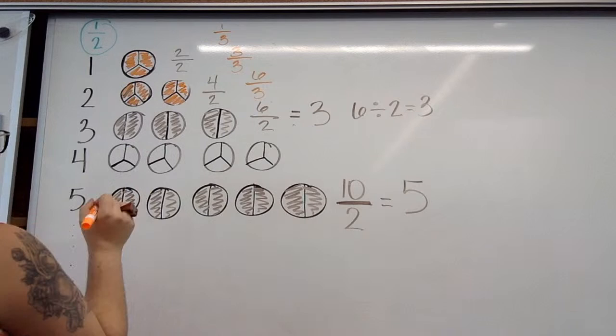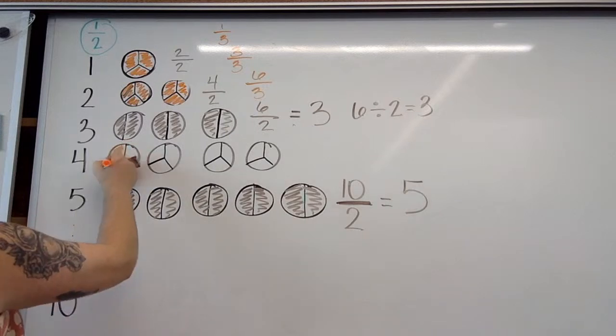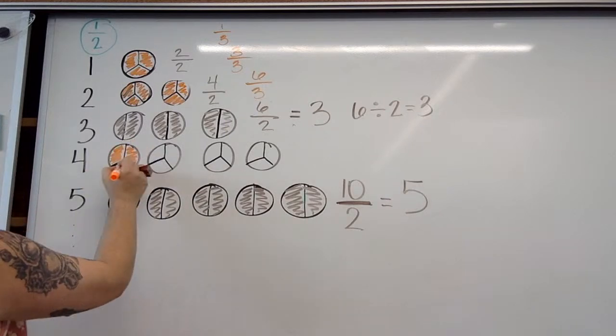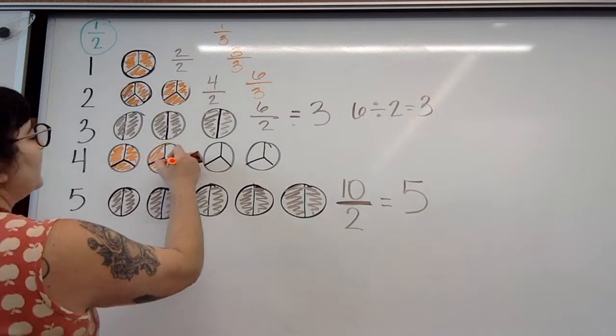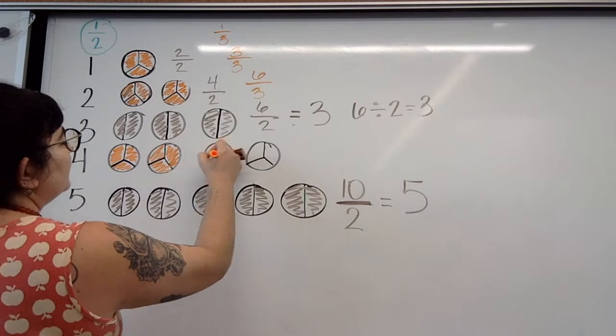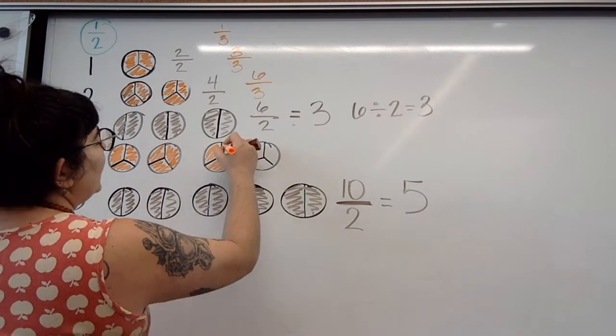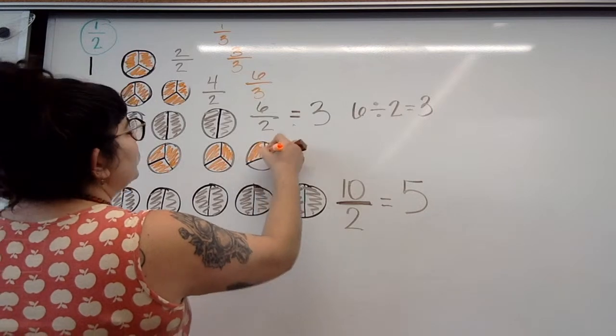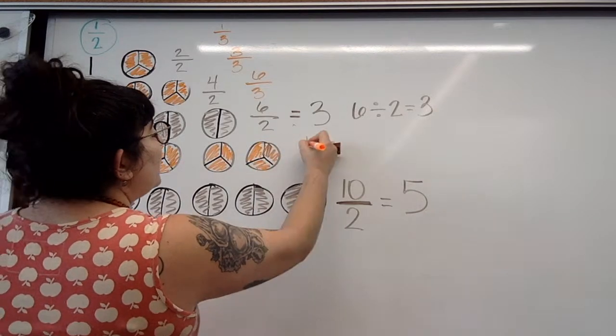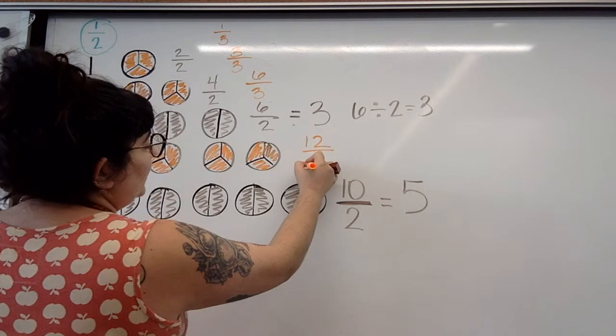Let's also do this with 4. 1, 2, 3, 4, 5, 6, 7, 8, 9, keep on going, 10, 11, 12 thirds.